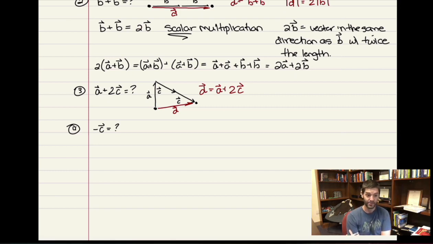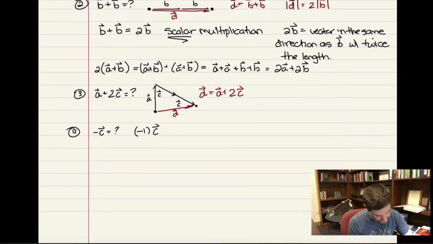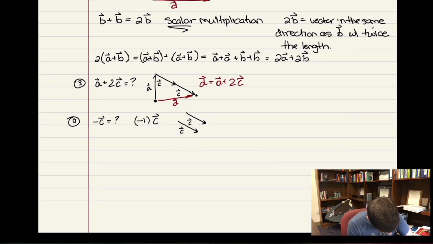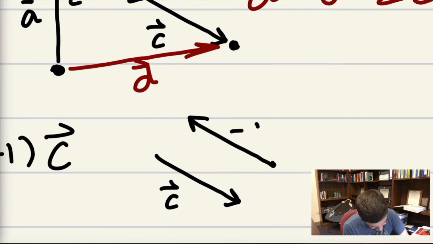We've just learned about scalar multiplication, so this I could think of as just the same thing as -1 times the original vector C. So all this does is, if I have some vector C that might point like this, -C is just the same vector, but it points in the opposite direction.